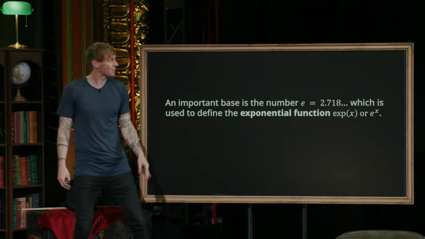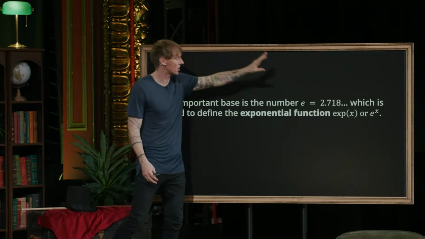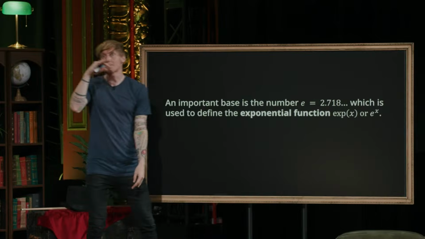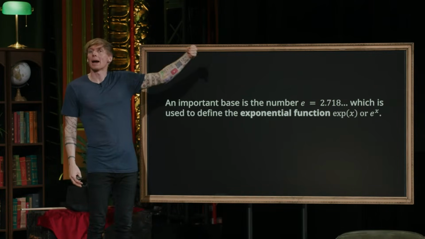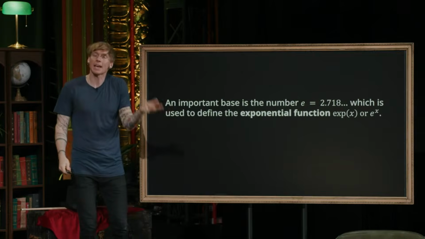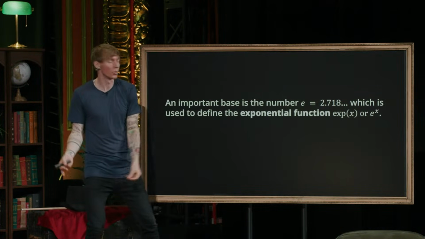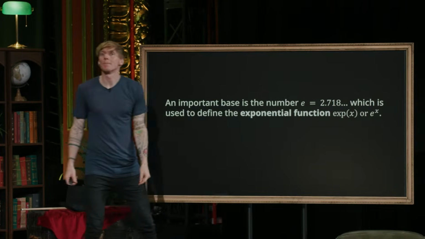That carries on. And we use this to define something called the exponential function, written exp of x, or e to the power x. So it's the same as what we just looked at with 2 to the power x, except it's just a very specific choice of base. Rather than 2, we use this irrational number e.